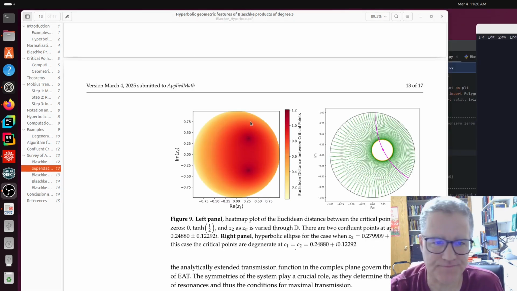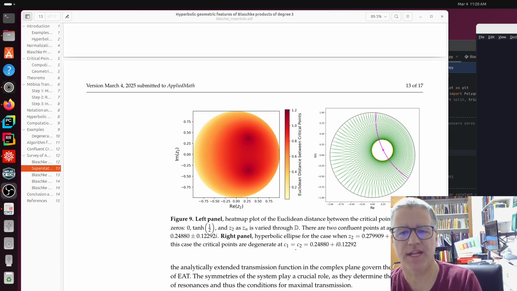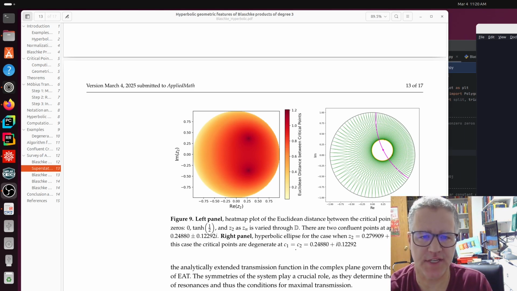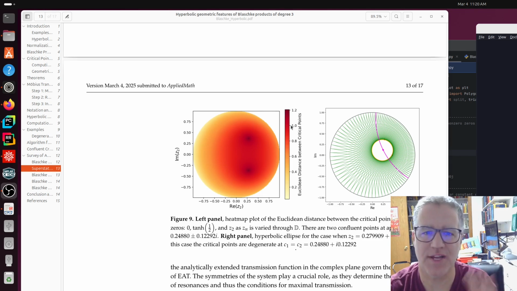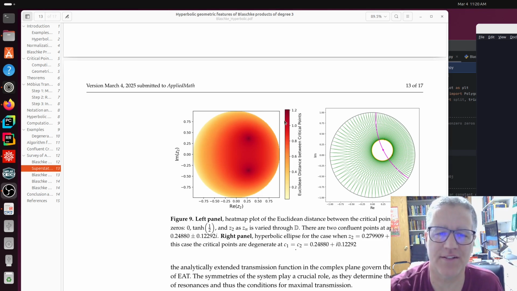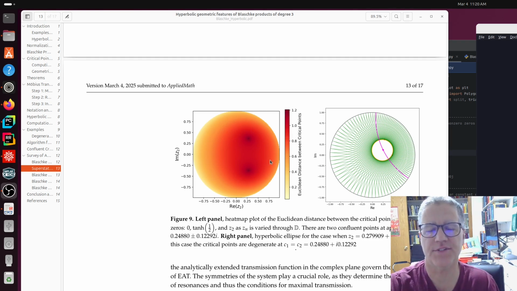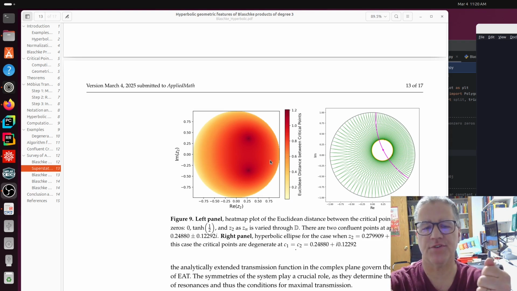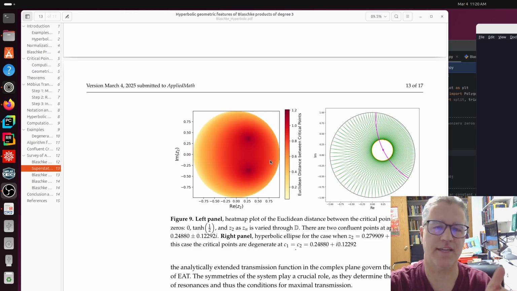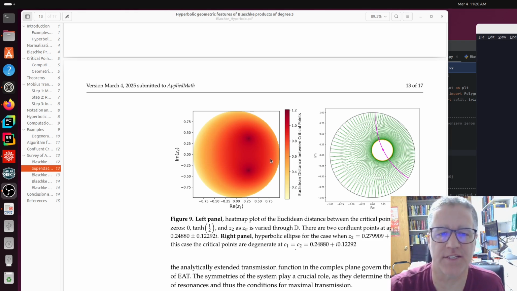Okay, so what we're looking at here is a little interesting, and I alert you right away that the scale is wrong here, it's flipped, so I'll go through that. But what I've got here is I've created this heat map where one of the zeros is at 0, the other zero is at the hyperbolic tangent of 1/2, which is a unit length in hyperbolic distance.